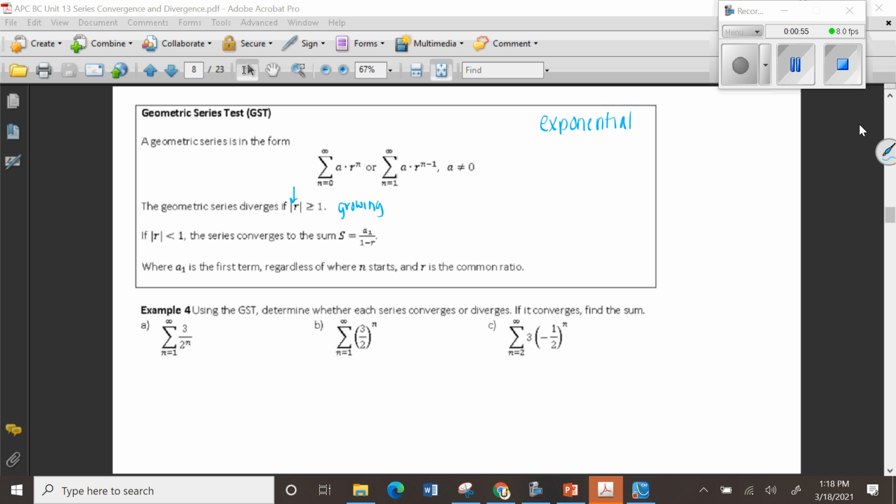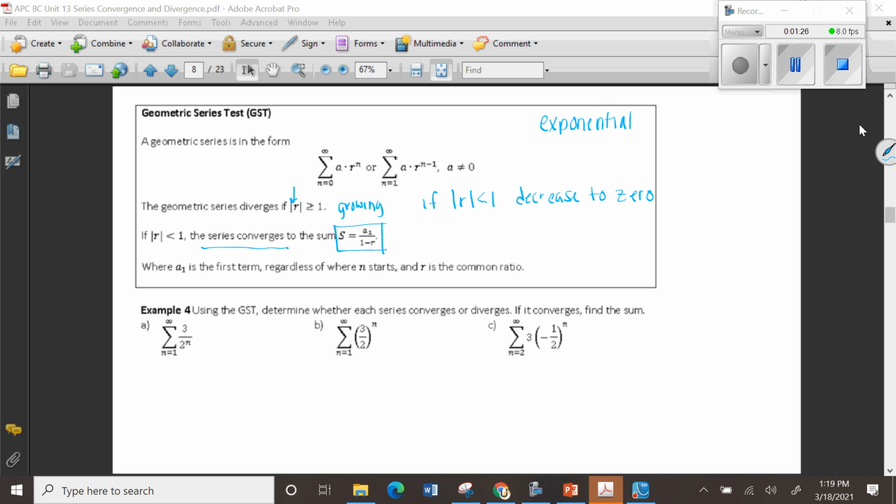If the ratio is less than 1, then it's going to decrease to 0. And so what that means is it's going to converge. And what we know for sure is if it's converging, then it's going to converge to this: we've got that first term over 1 minus r.